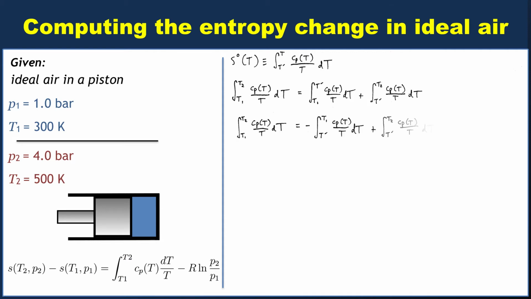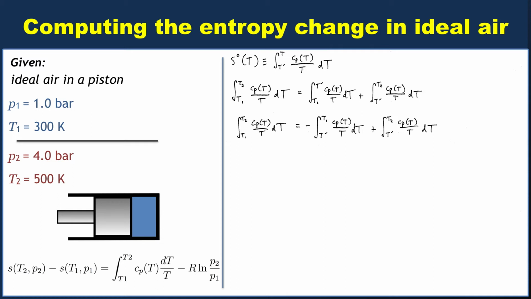Well, we can reverse the first term on the right just by reversing the limits of integration and putting a minus sign out front. So now we have two integrals on the right-hand side that are from T prime to some temperature. Now the two temperatures are different. The upper limit of integration is T1 in one case and T2 in the other, but in both cases we're integrating now from T prime, some reference temperature, to the temperature that we're actually interested in.